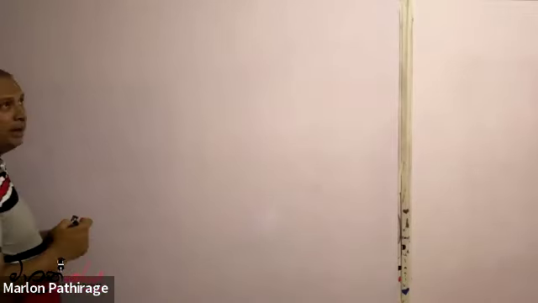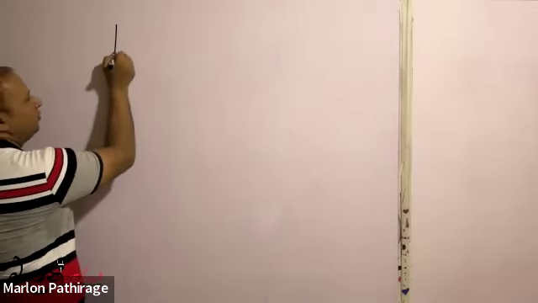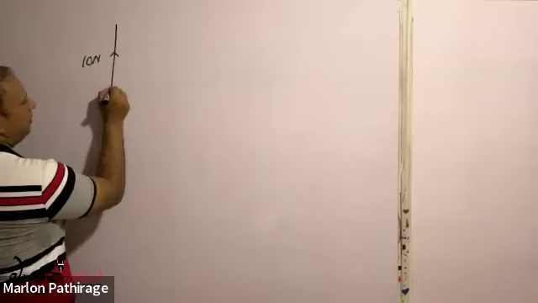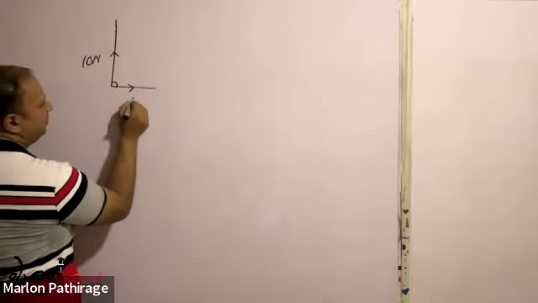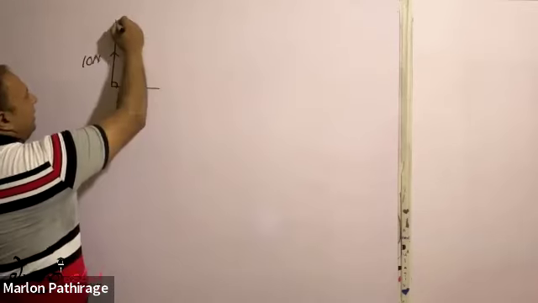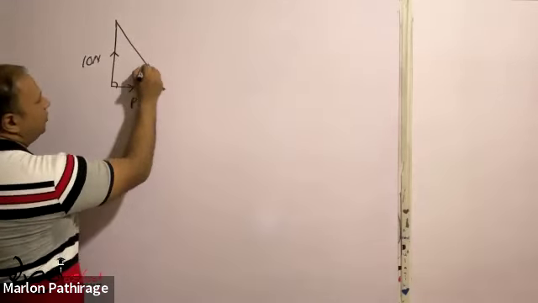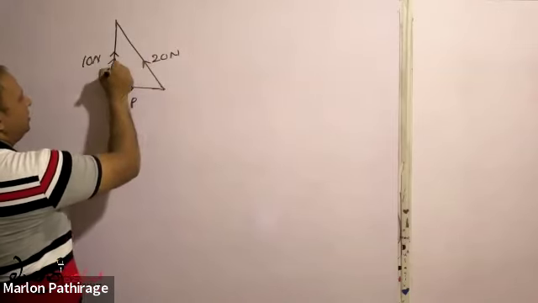Now, the magnitude of resultant force of two forces is 10 Newton, and it is perpendicular to the smaller force, P. And the larger force, Q, is equal to 20 Newton. So this is the resultant.